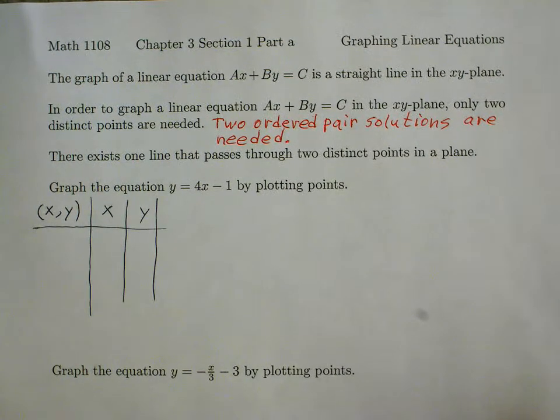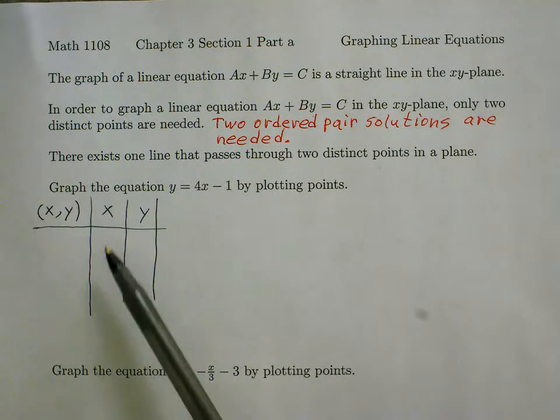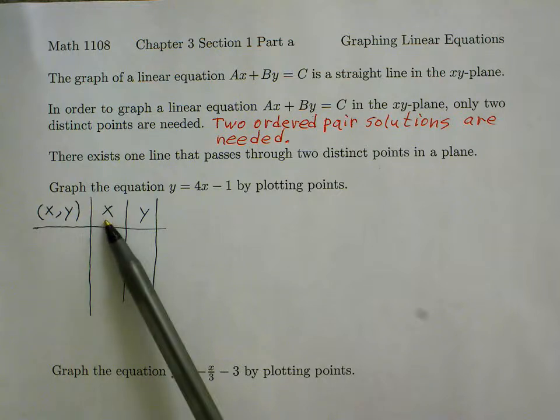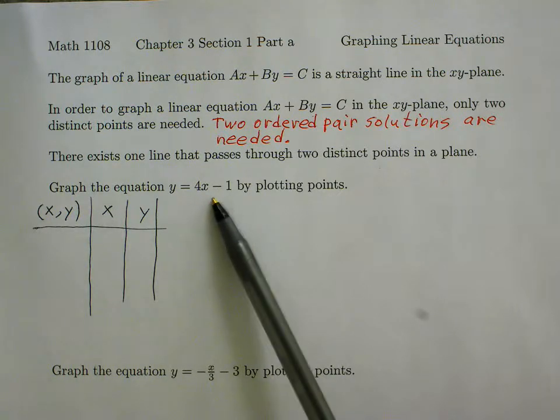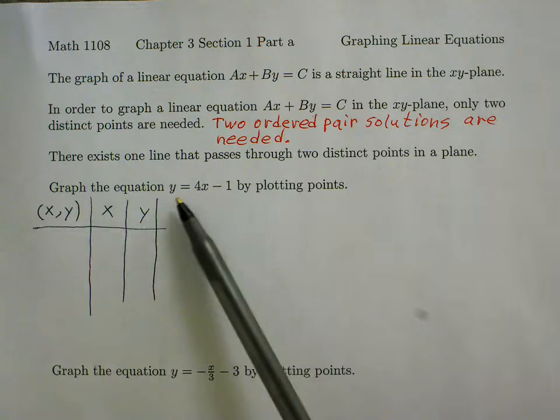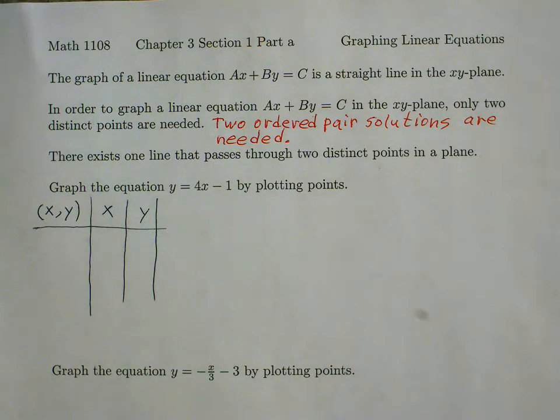So we're just going to pick x to be a number, replace x with that number in the equation, and simplify to find the y coordinate. And then once we have the x and y coordinate of a single point, we can plot that in the xy plane. Then we'll find another ordered pair.